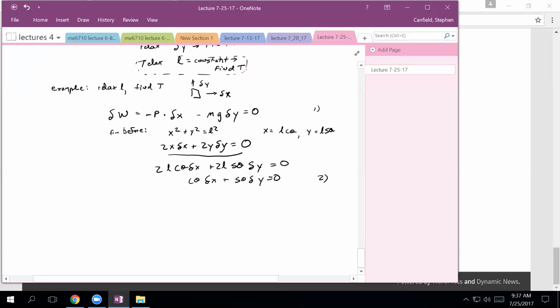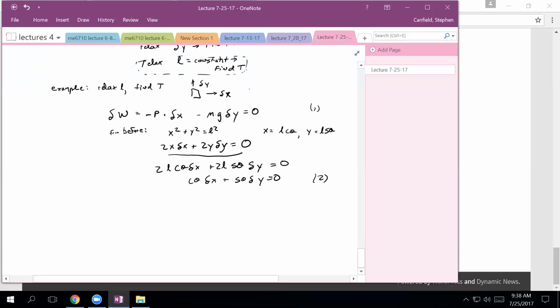Now, the method we had before was that we said these terms were independent. I don't know if you recall this, but the idea was we would say that these parameters were independent. Del x, the virtual x, excuse me, and the virtual y are independent. So we could set each of these terms to 0 independently. So we'd say p equals 0 and mg equals 0.